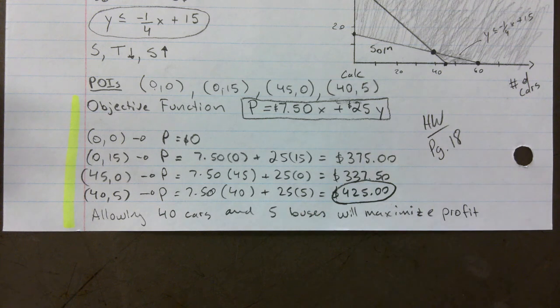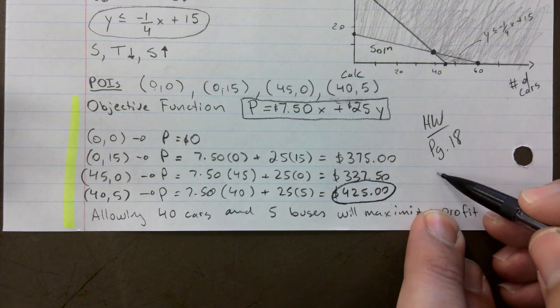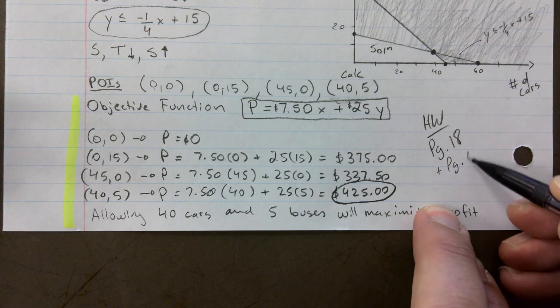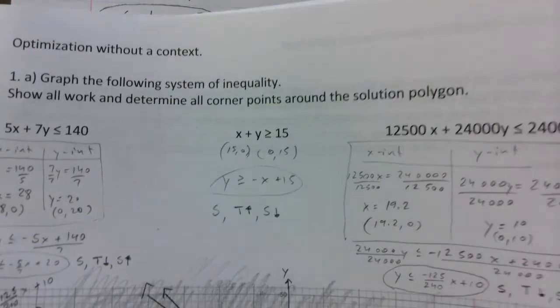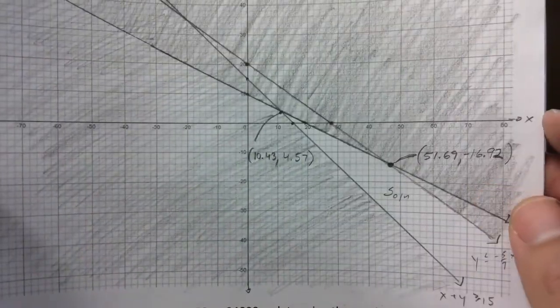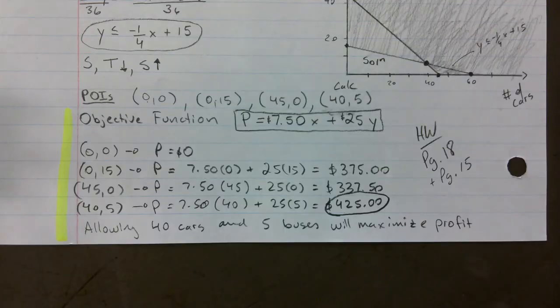There's a bunch of questions there. Plus page 15. 15 is just one graph, and I'll show you what 15 looks like. There's no context here. So all 4 quadrants are going to be included. Okay? So answer key, I have it all queued up to post.